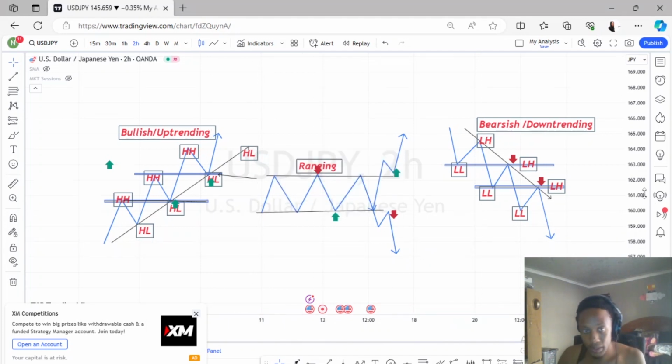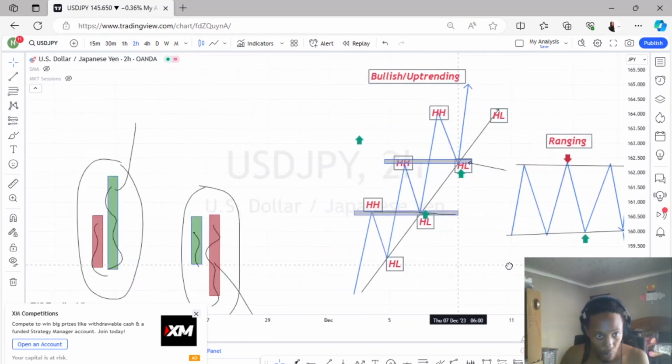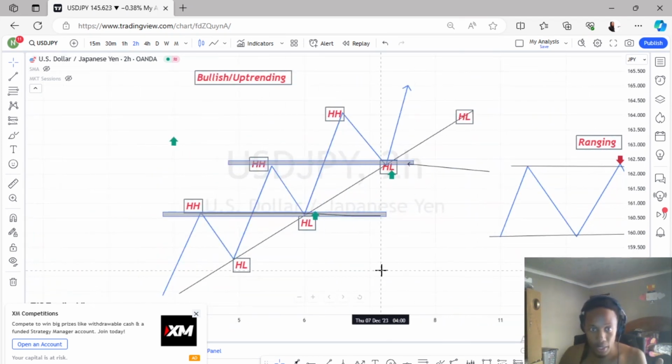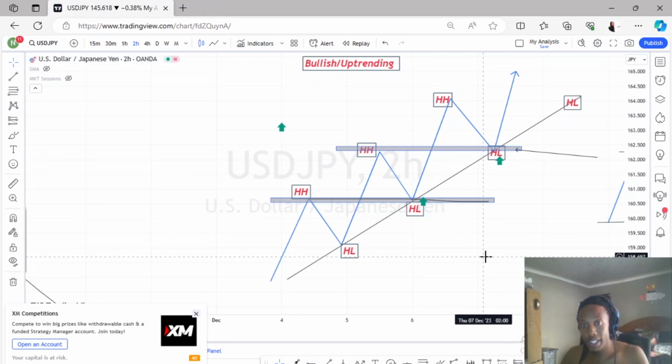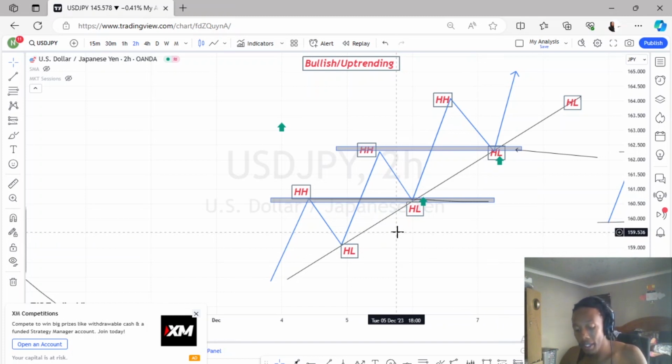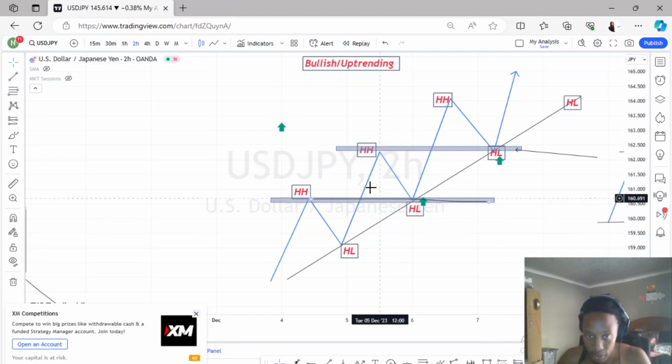In a bullish market, there are bullish properties. Let me show you the properties. In a bullish trend, previously on episode 1 I showed you the candlestick analysis: in an uptrend, the bullish candlesticks are more powerful than bearish candlesticks.